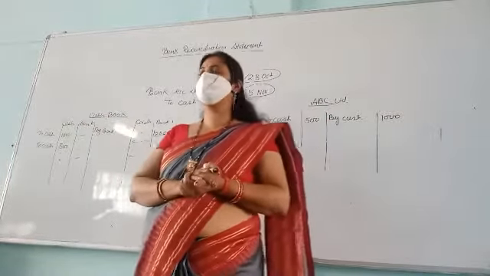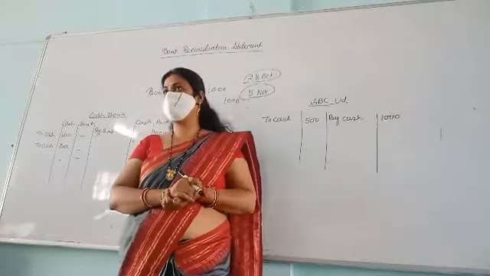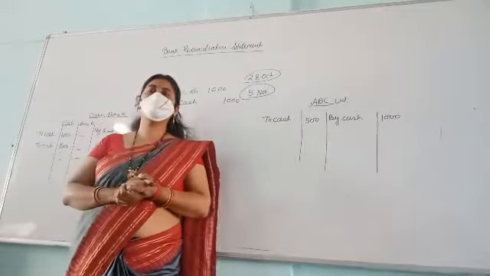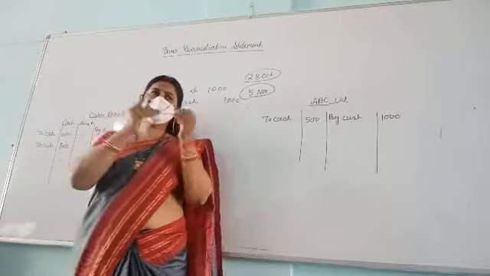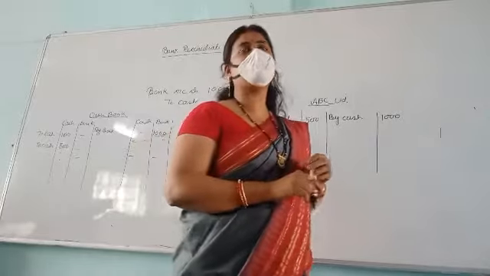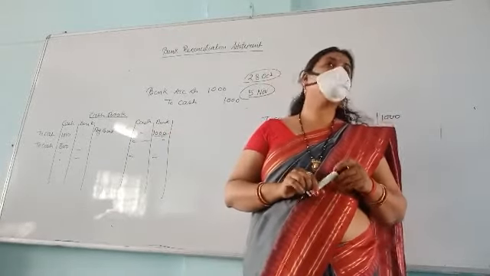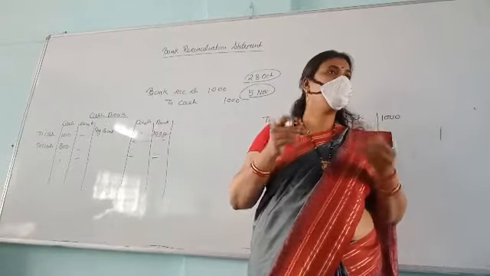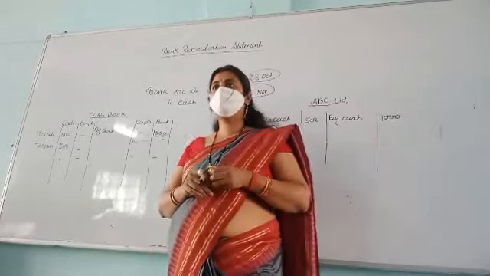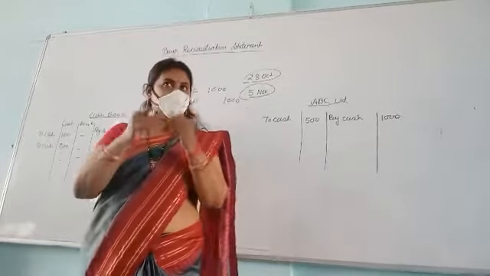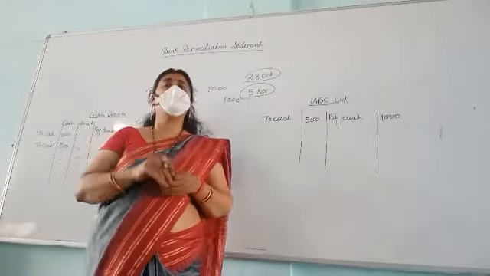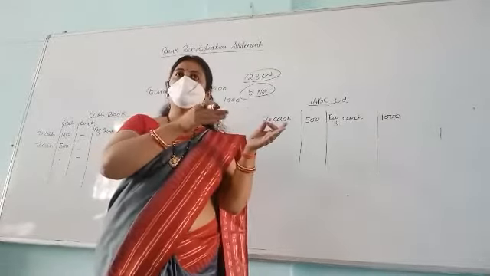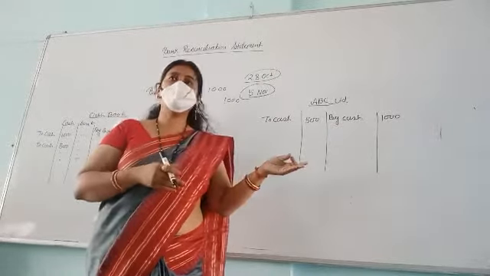Again, what happened? Suppose I have received a check and made an entry into the cash book. As I received the check, I submitted the check also on the same date. But the check has been dishonored. Do you know the meaning of dishonor? Dishonor means, suppose a person has given me a check for 1,000, but he does not have 1,000 in his account.